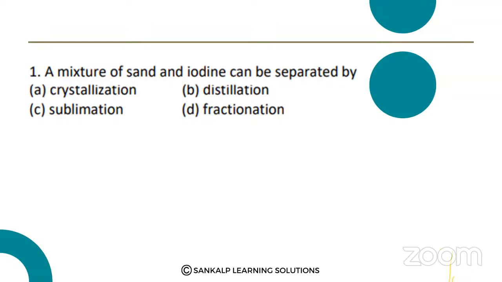Here the mixture is of sand and iodine. Both are in the form of solid, so we want to separate iodine crystals. Iodine crystals, which are in solid form, can directly be converted to gaseous form. So here the correct option is sublimation.